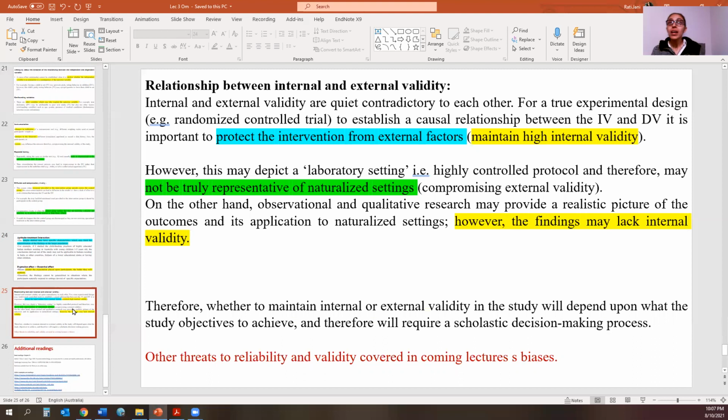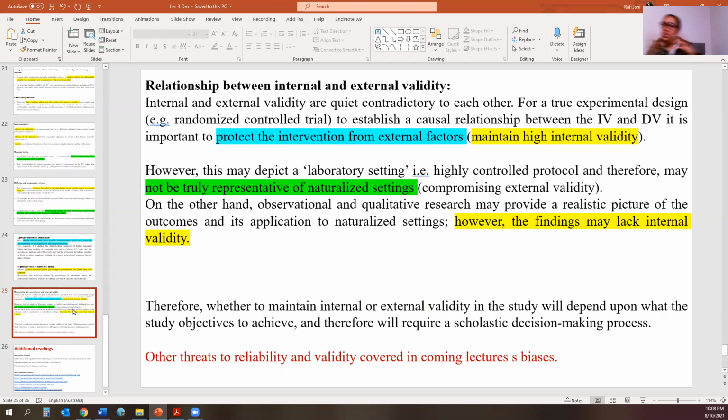So for example, if we have a randomized control trial, you have very good internal validity. Why? Because in a randomized control trial, you can manage a lot of other confounding variables which are troublemakers, and then you can show that because I have managed all of these confounding variables, it is my IV which is causing the DV.